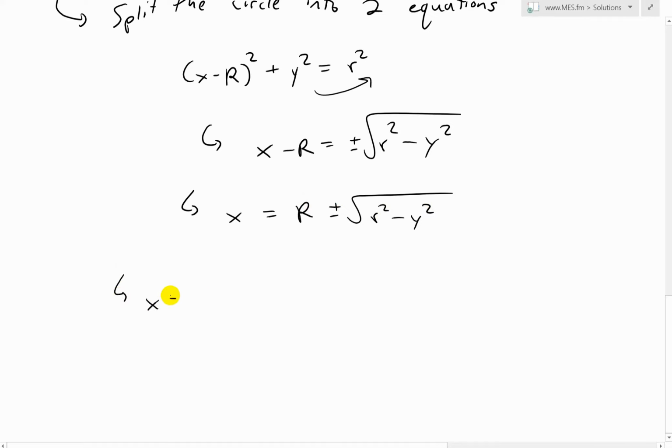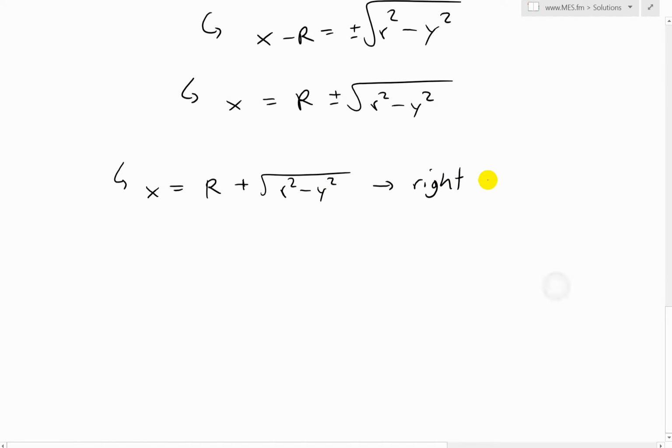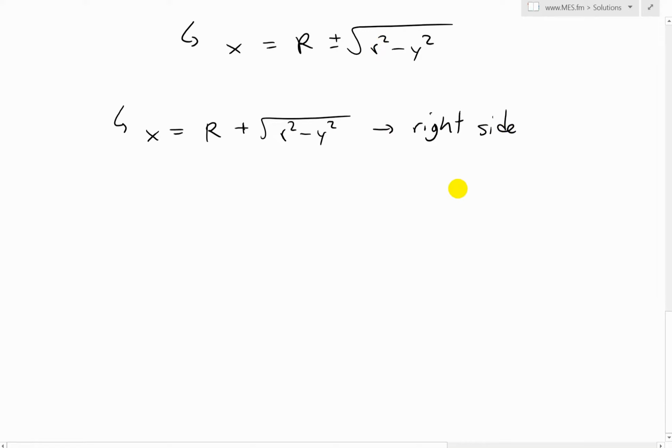So then the right side of the equation, so x equals r plus the square root of r squared minus y squared. This is the right side because it's always greater than or equal to the left side, because you're adding this, and then it's always positive inside the square root. And x equals r minus the square root of r squared minus y squared is going to be the left side of the circle.